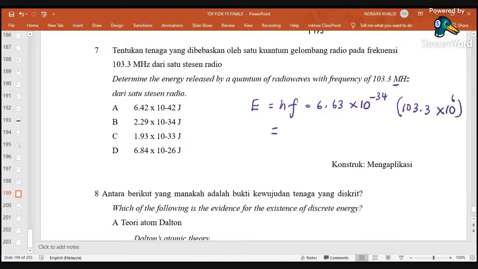Okay, you calculate for this one. Number 7, you should get the answer 6.84 times 10 to the power of negative 26 joule.